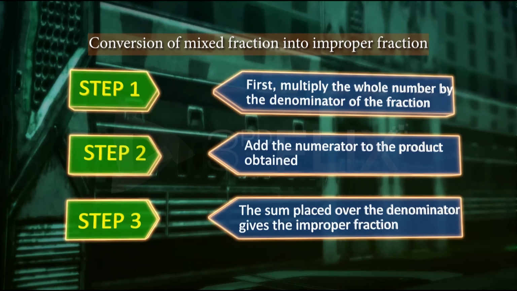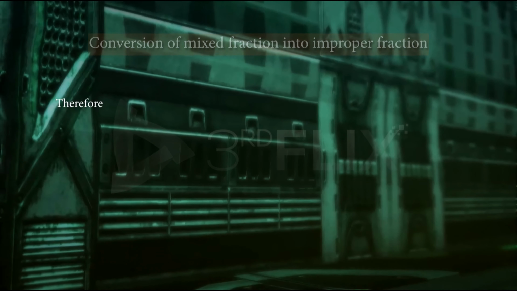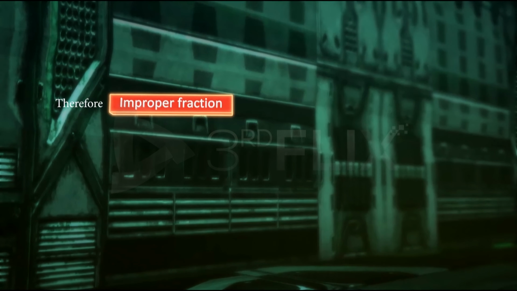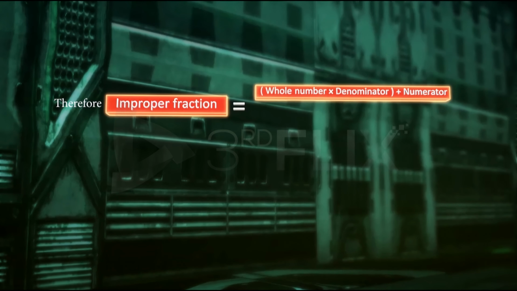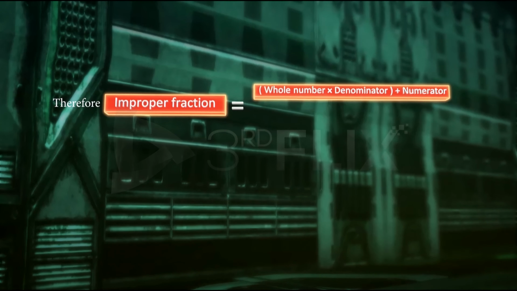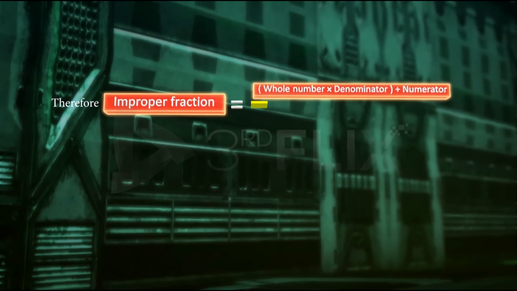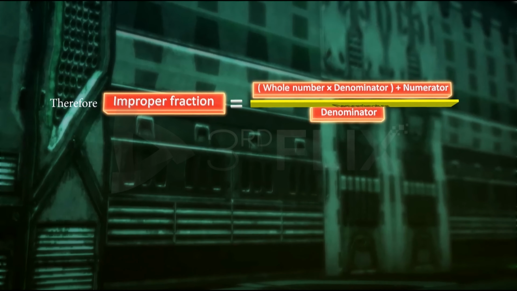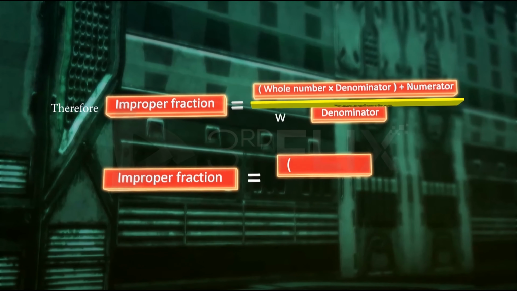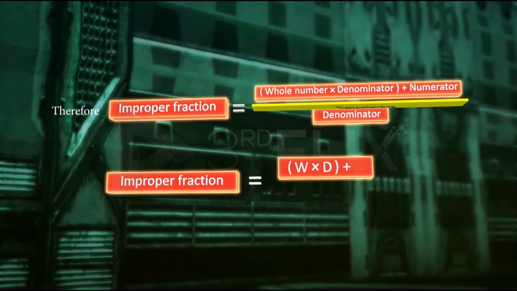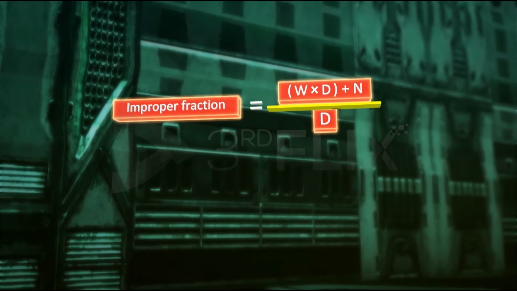The sum placed over the denominator gives the improper fraction. Therefore, improper fraction equals whole number multiplied by denominator plus numerator, divided by denominator. Improper fraction equals (W times D plus N) by D.